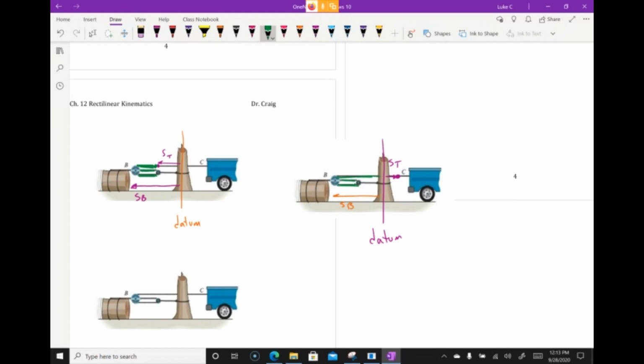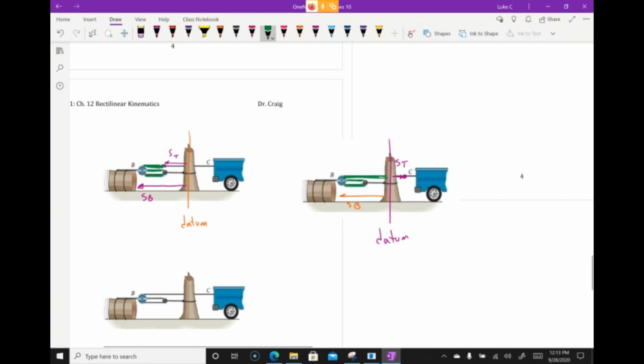Does that make sense, everyone? So pick a point on the left or the right side and then identify which sections of the rope from that point on to the end you have to look at. It doesn't matter which one you do. You just have to make sure you identify the rope sections.